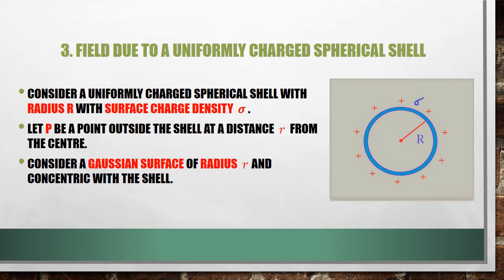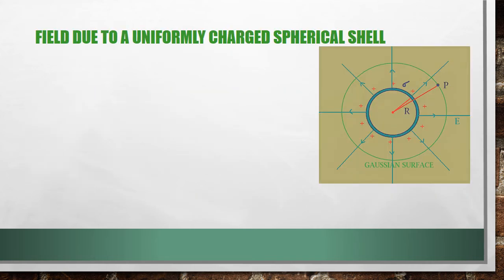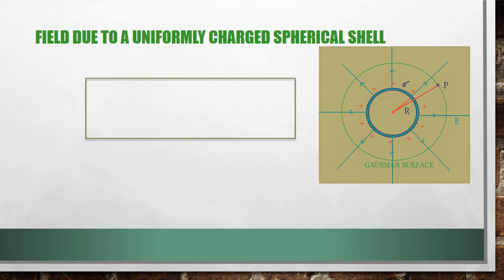Consider a Gaussian surface of radius small r and concentric with the shell. The total electric flux through the Gaussian surface is integral E dot ds equals q by epsilon 0. Again, the area of the Gaussian surface is 4 pi small r squared.